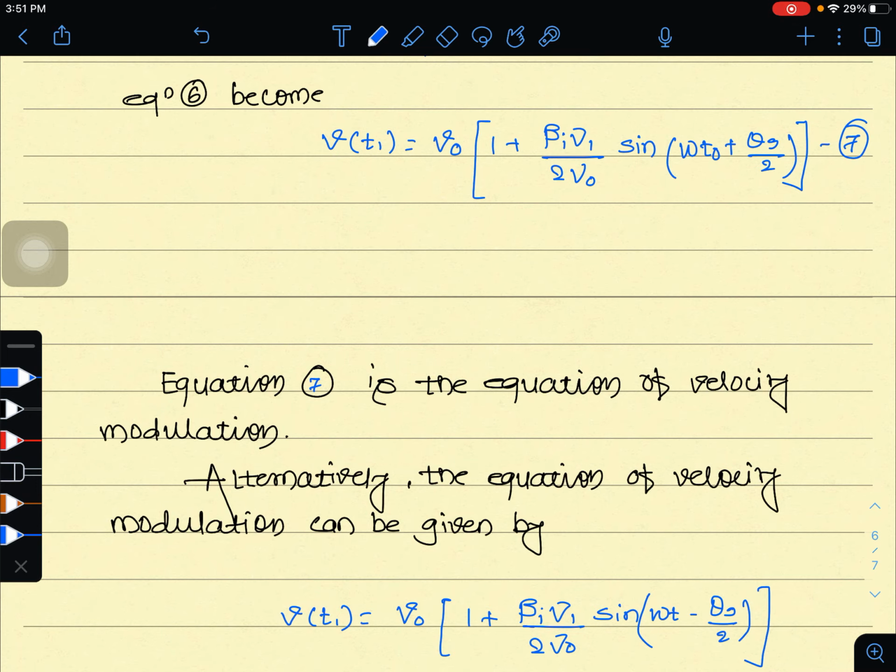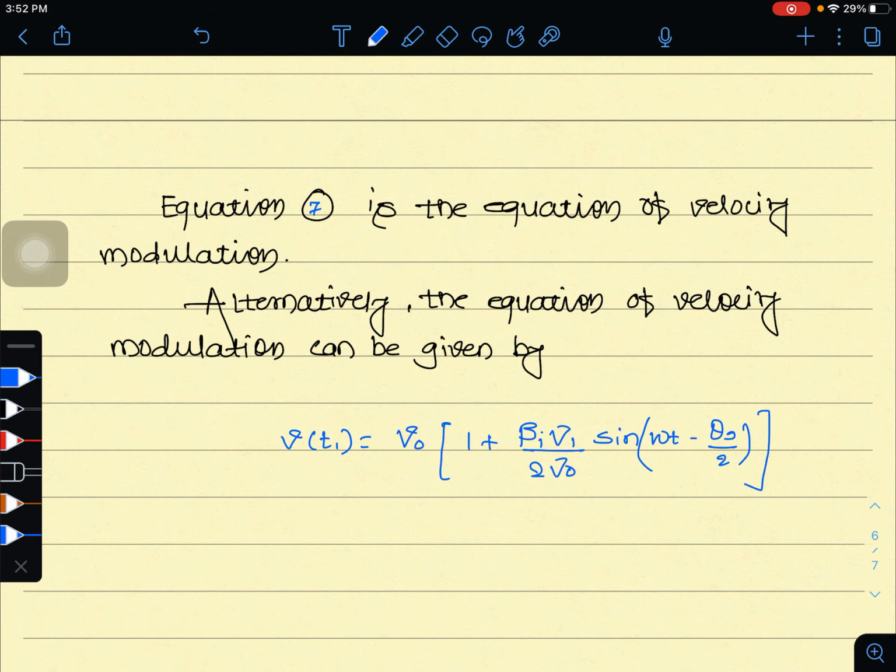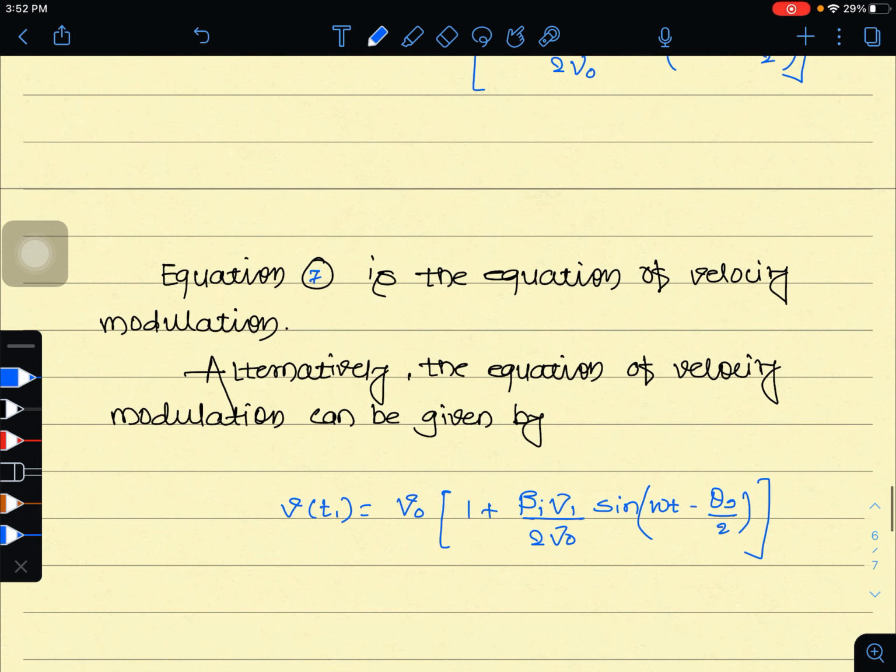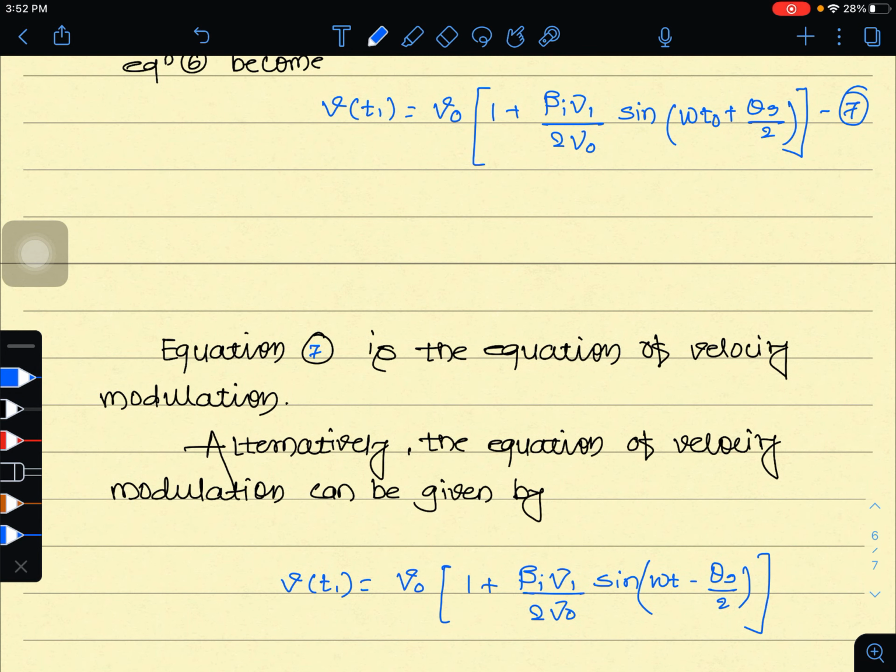Another alternative equation for the modulated velocity is V of t1 is equal to V0 in brackets 1 plus beta i V1 divided by twice V0 sine of omega t1 minus theta g by 2. What is the difference between these two equations?